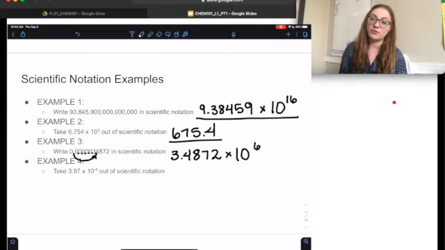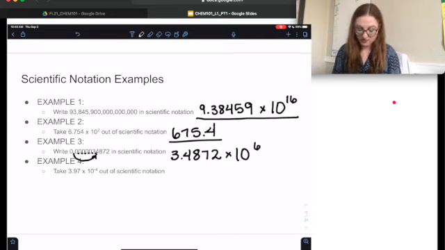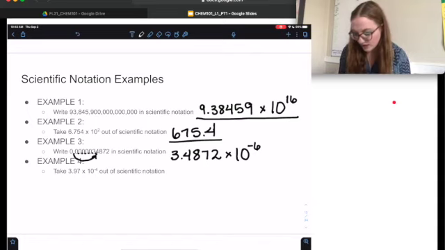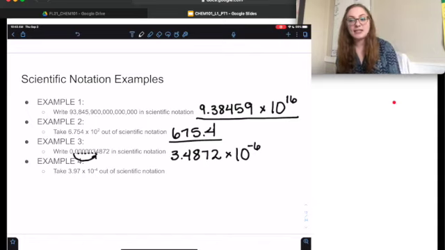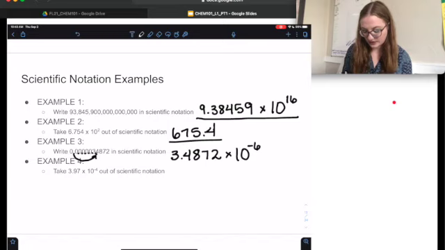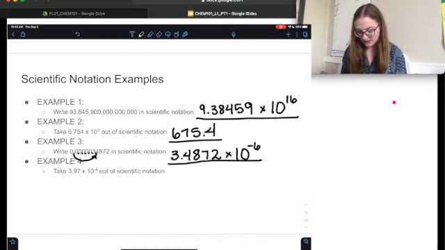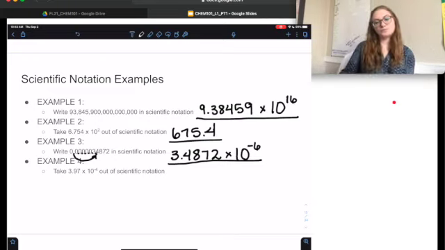Is it greater than 1? It's a positive exponent. Well, I started out with this really, really small decimal number, and that number lies between 0 and 1, so I'm going to have negative 6 as my exponent. So to put that number in scientific notation, it looks like 3.4872 times 10 to the minus 6.